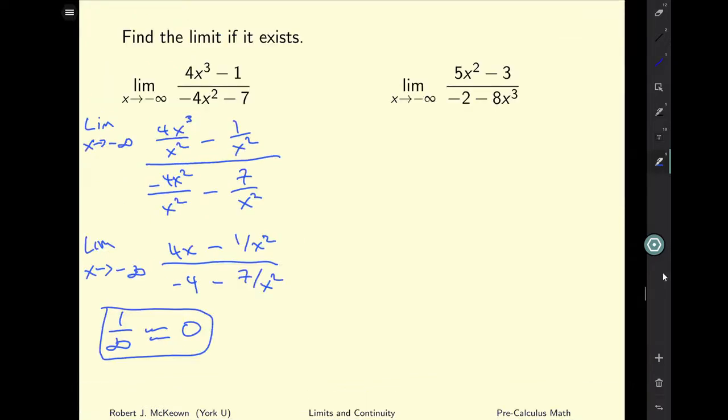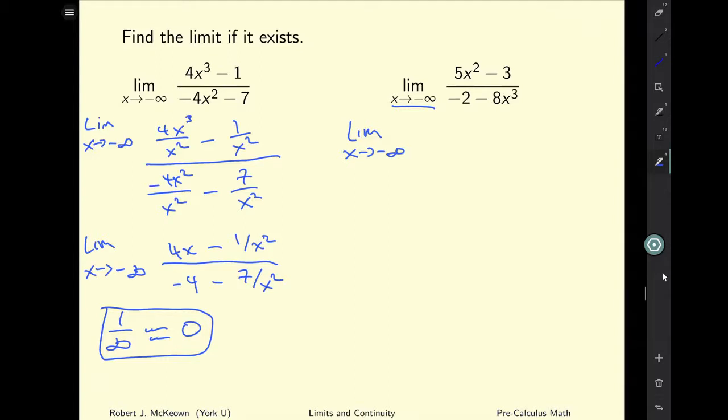Let's try another problem. So again, we're going to take the limit as x approaches negative infinity. It could be positive infinity, it doesn't always have to be negative. And we're going to start by taking this expression and dividing the numerator and denominator by the highest order x variable in the denominator. So in this case, it's going to be x cubed.